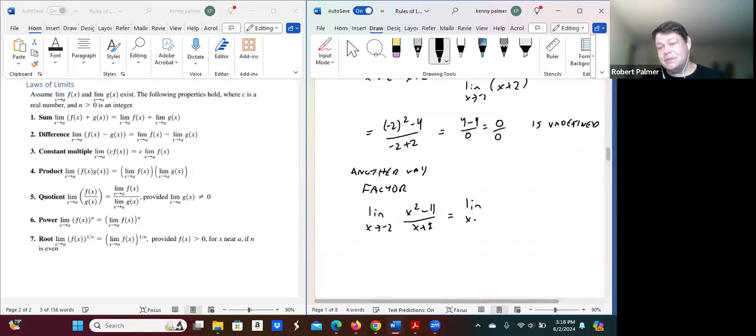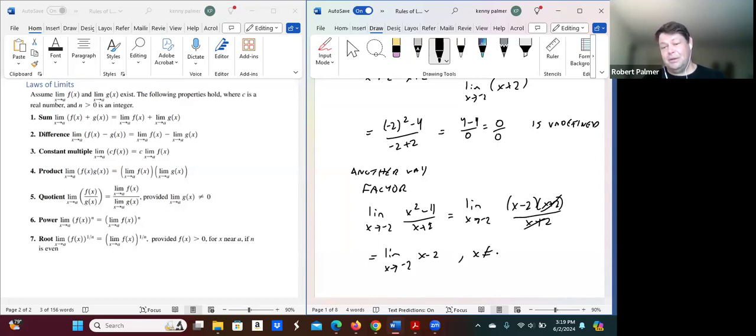If we factor the difference of squares, that's going to be x minus 2 times x plus 2 over x plus 2. Those will cancel out, and this is the same as the limit as x goes to -2 of x minus 2. But we'll also have to remember that x cannot equal -2, because that makes the original function undefined.